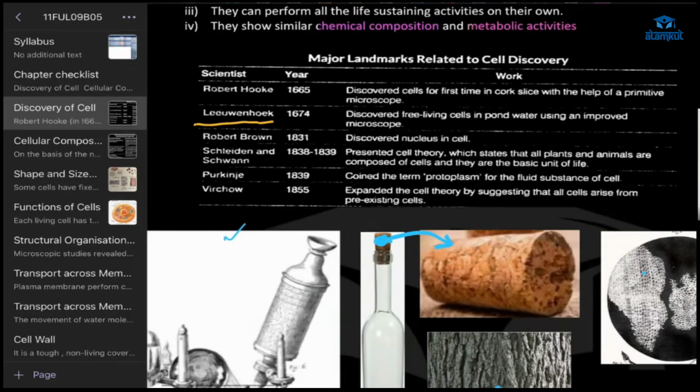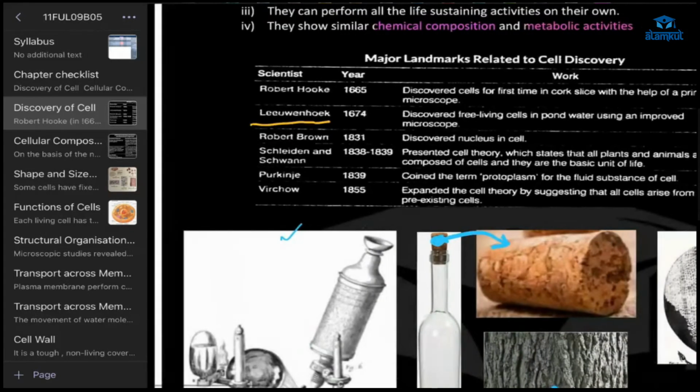This is Leeuwenhoek. Whenever they ask who discovered the free-living cell, it is Leeuwenhoek. Anthony van Leeuwenhoek. This is the full name of that scientist.